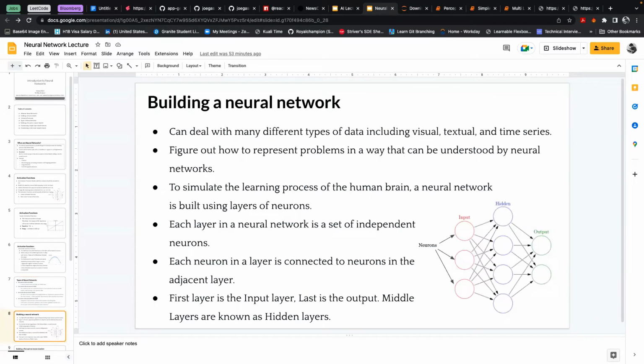Now, building a neural network. Some components of human learning process are hierarchical. We have various parts in our brain's neural network, and each stage corresponds to a different granularity. Some parts learn simple things, and some parts learn more complex things. Let's consider the example of visually recognizing an object.